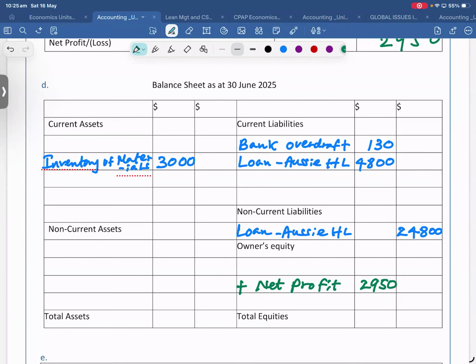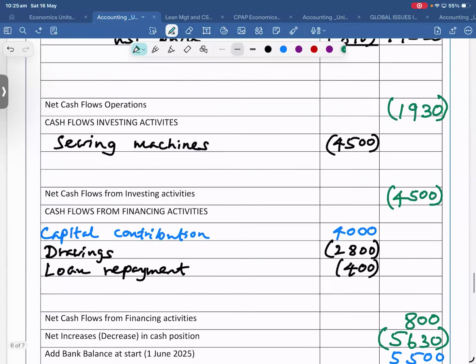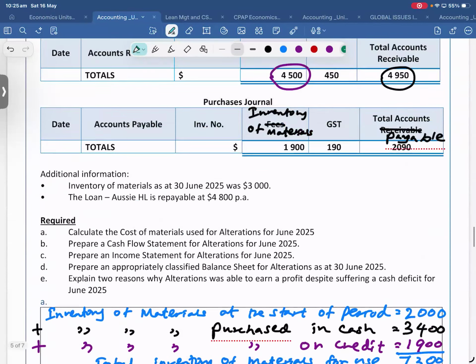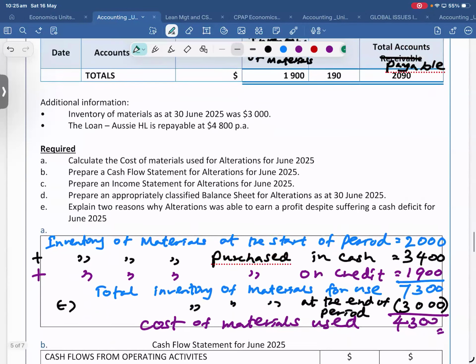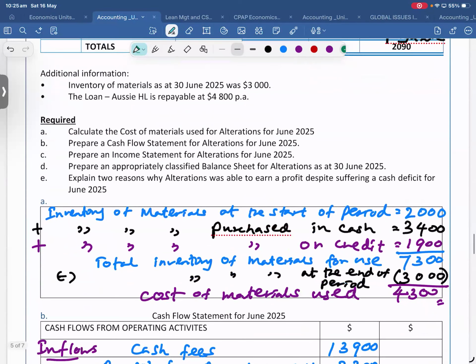Then net profit is done. After that, cost of materials done. Part B is done. Part C is done. Balance sheet we had to do, but before we do the balance sheet, we have to do three things.